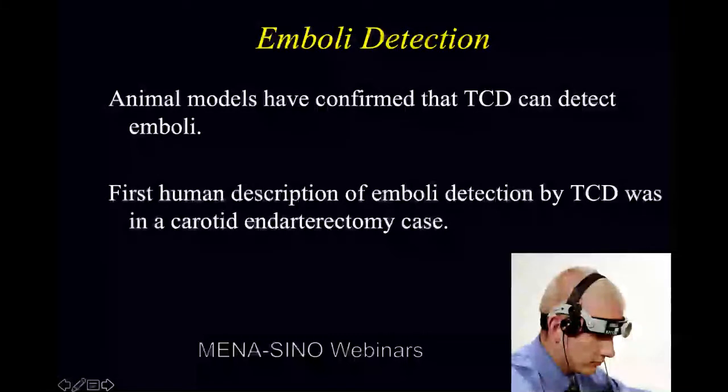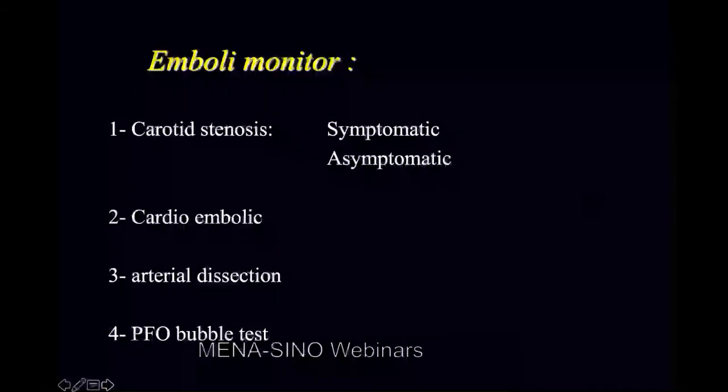Now, shifting to another role, which is emboli detection in the presence of intracranial atherosclerotic disease. By putting the frame there, with the transcranial Doppler aiming at the MCA, you can monitor for an hour or two. Hugo Marcus is coming with a glasses head frame that can last for 12 hours. So in the future, just like we have a blood pressure monitor and Holter monitor, we will have an emboli monitor.